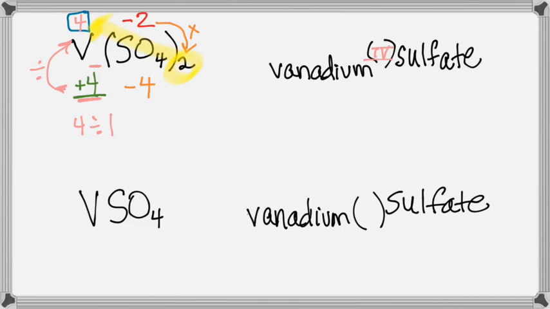So starting off, we put a box above our metal. Step number 2, common anion charge. It's still SO4, so SO4's charge as a whole is -2. Step number 3, we multiply that times the anion's subscript.